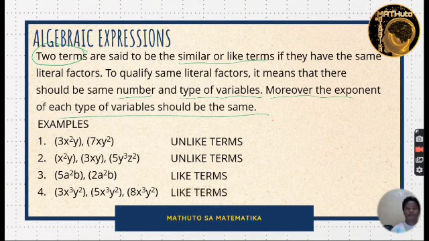For number 4, they are also like terms. So, x cubed y, x cubed y, x cubed y squared, x cubed y squared, x cubed y squared. They have the same literal factors po.